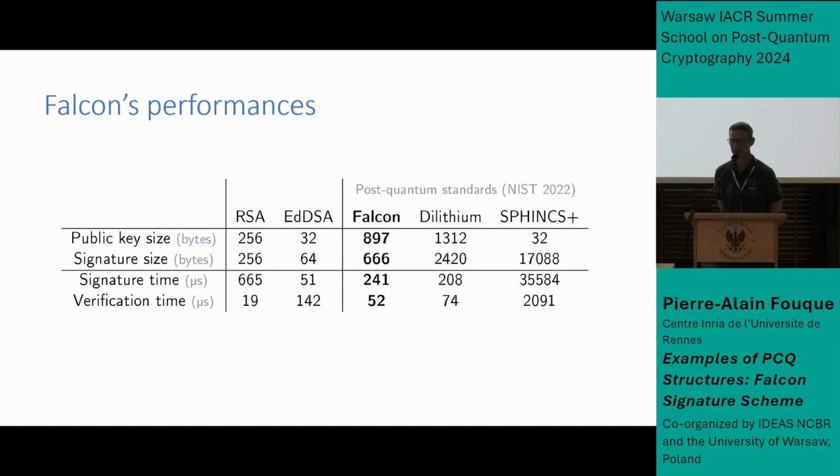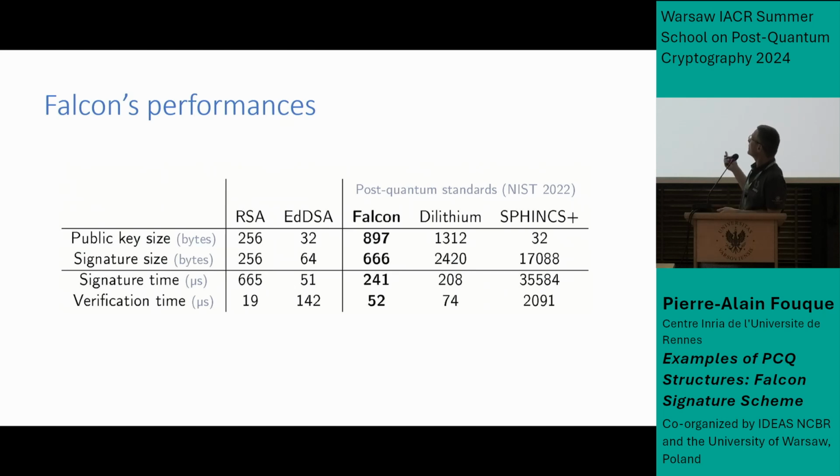So here is the performance of Falcon. I also give you the data in order to compare with the pre-quantum schemes RSA and ECDSA using Edwards curve. You see that these numbers are very efficient.